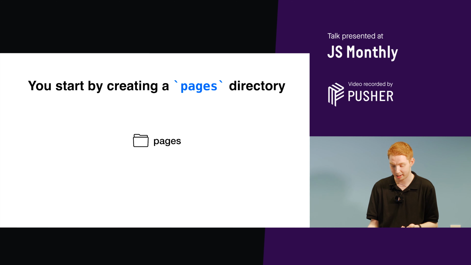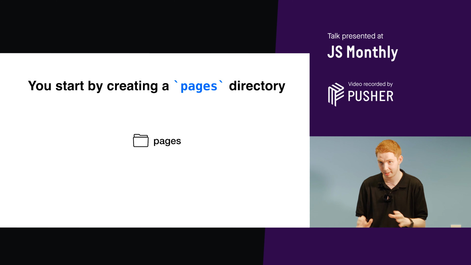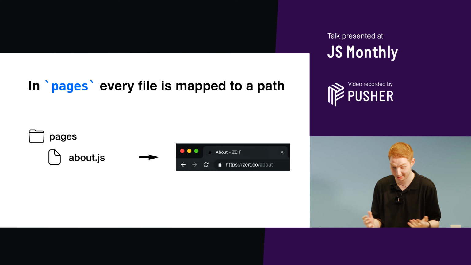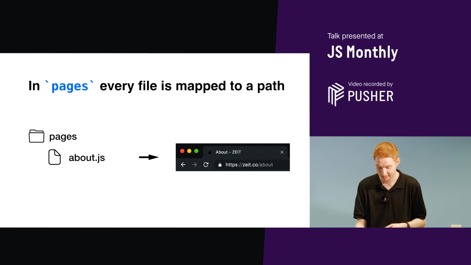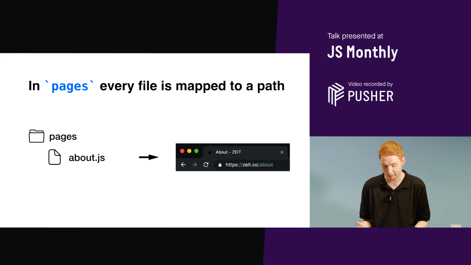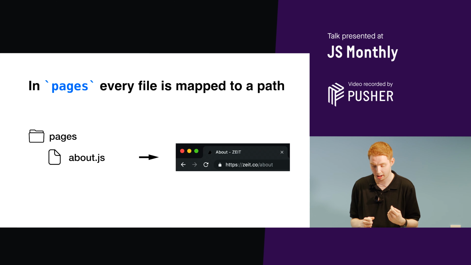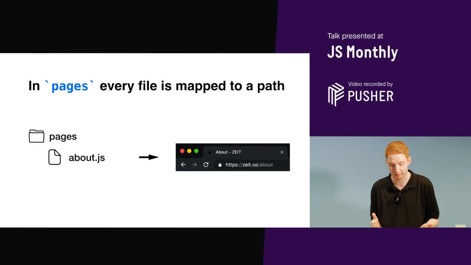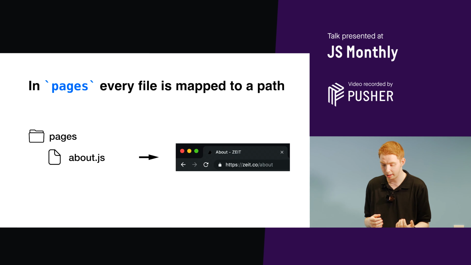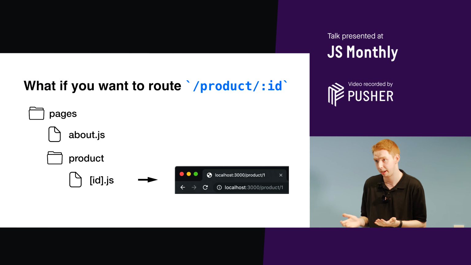So to start using Next, you start by creating a pages directory. This is nothing special, it's just a directory. So we create this directory called pages. And every file in the pages directory is mapped to a route. So say you have pages/about.js, it will map to /about, right?